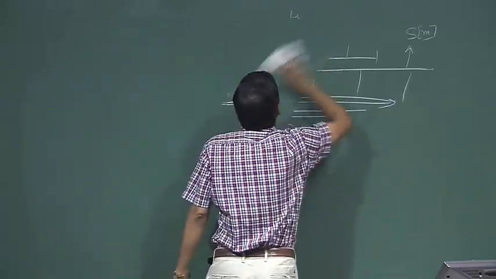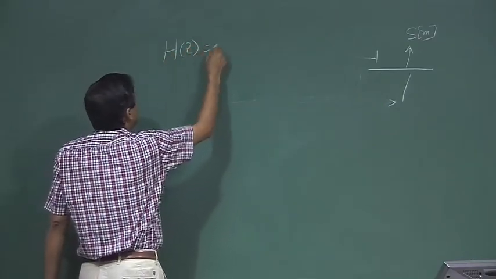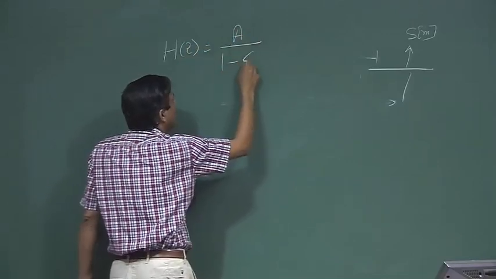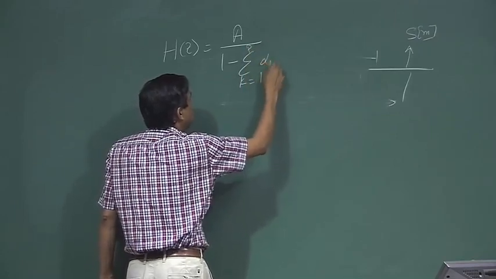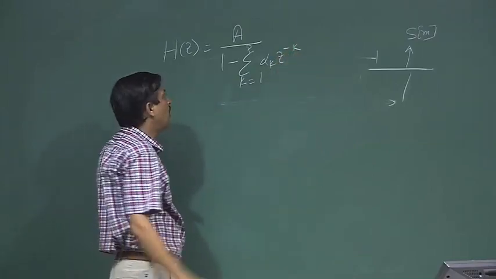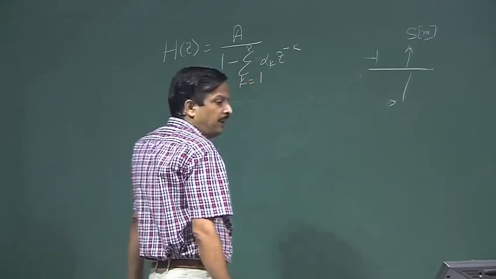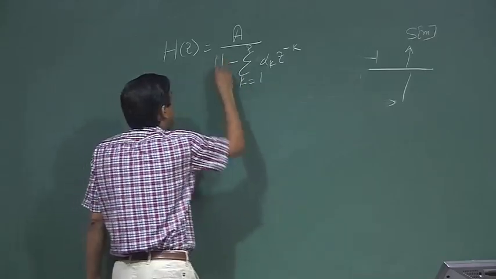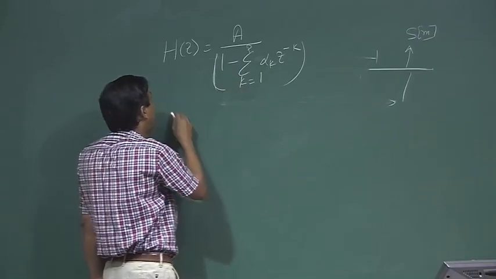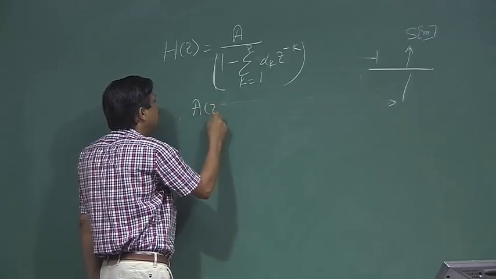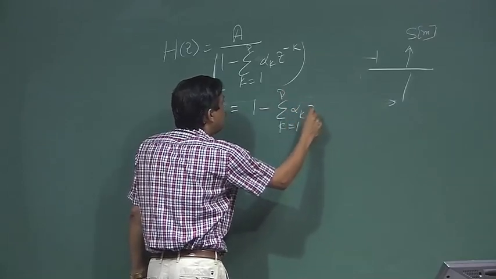If the system is linearly predictable, then the transfer function H(z) of the system is gain over 1 minus the sum over k equal to 1 to p of alpha k z to the power minus k.